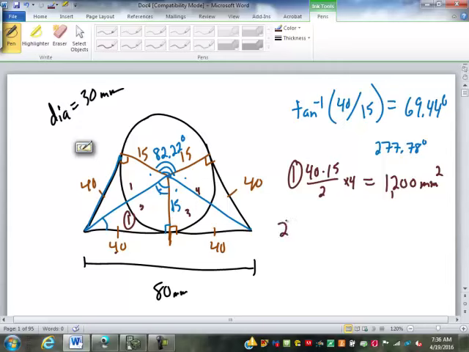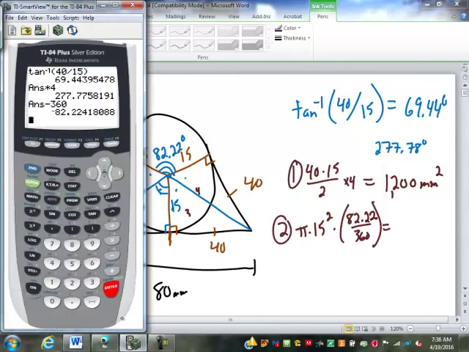Part 2 is the sector of a circle. So we've got the circle, which will be pi times 15 squared, and then times the 82.22 degrees over 360. So 3.14 times 15 squared times 82.22 divided by 360. 161.36 we're going to go.